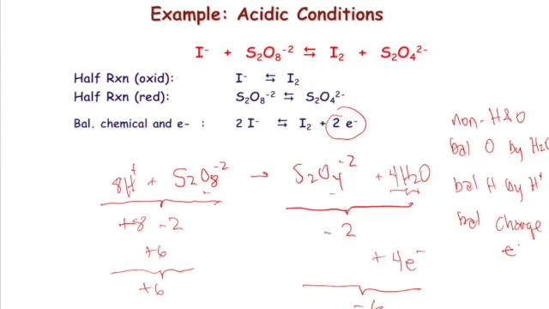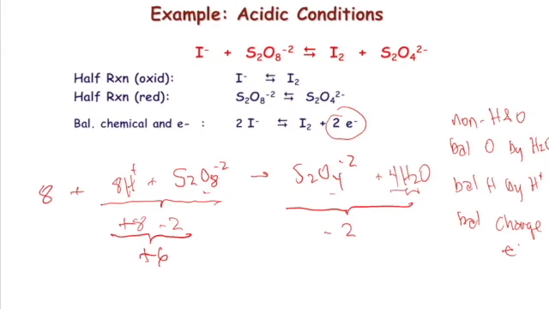So let me just clear this so that you can see the proper way of doing this. Okay. So again, we go back and say that this right here is positive 6. This is negative 2. What you need to do is bring the positive 6 down to a negative 2. The only way to do that is add 8 electrons here.